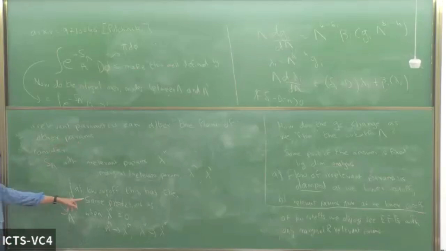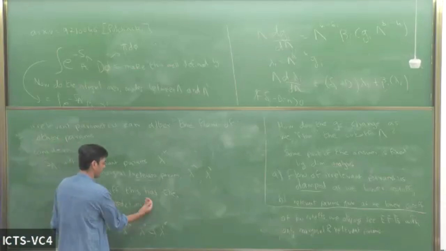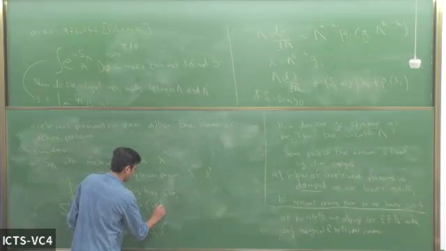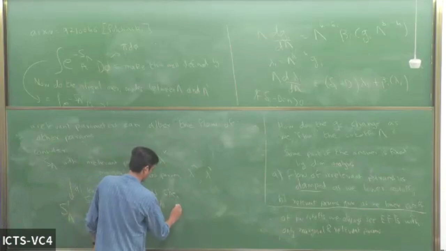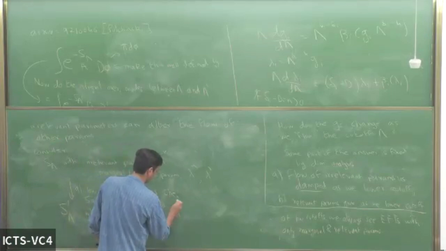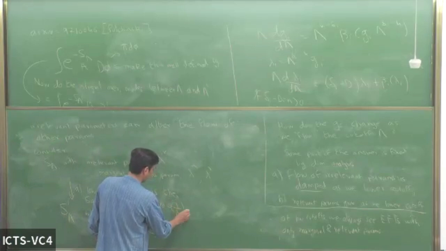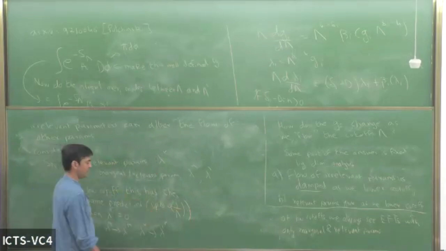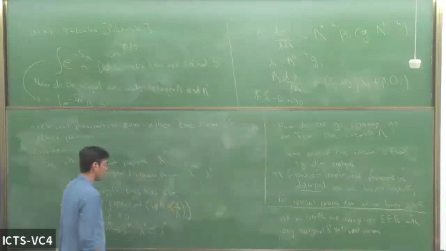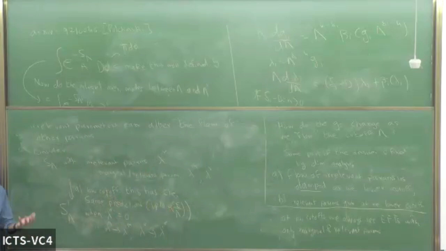And when we say same predictions, this means same up to, I'm going to write 1 over lambda, but what that really means is, if you're making predictions at energy E, then up to energy E over lambda. So it's not that all predictions are the same, but predictions are the same up to energy E over lambda.